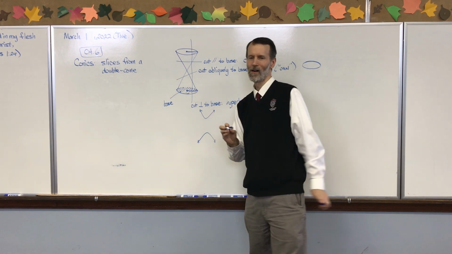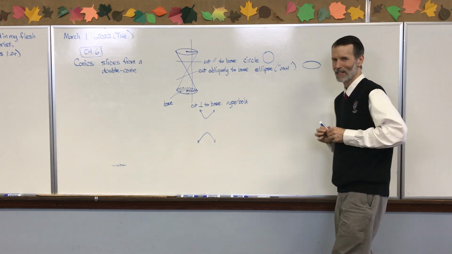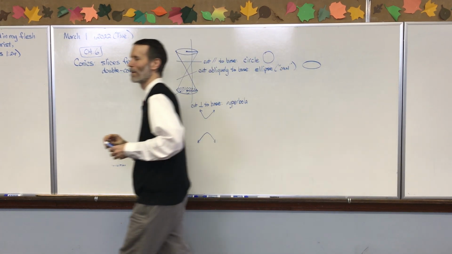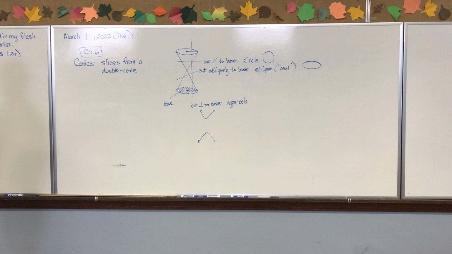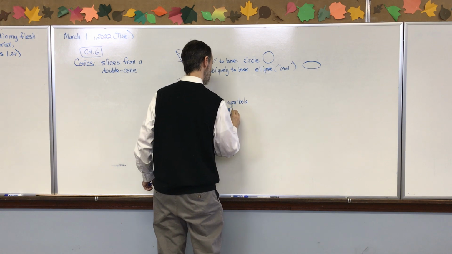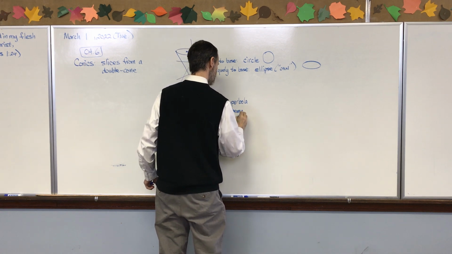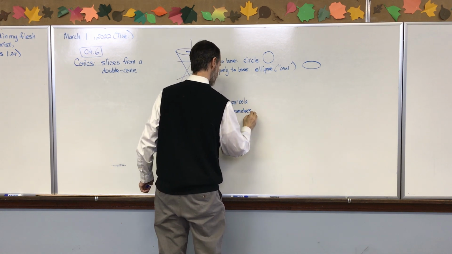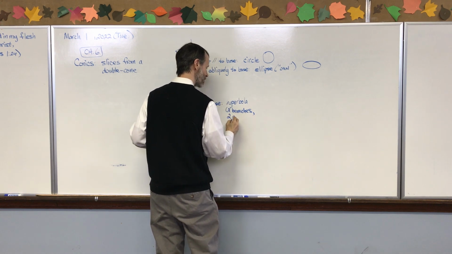It's called a hyperbola. A hyperbola. This may be the first time you've heard the word. If so, congratulations. A hyperbola has two branches. And it also has two asymptotes.